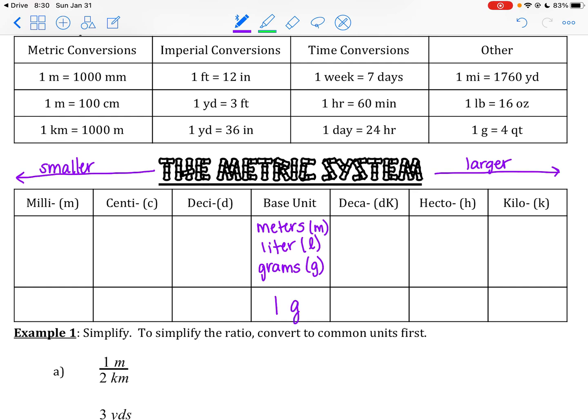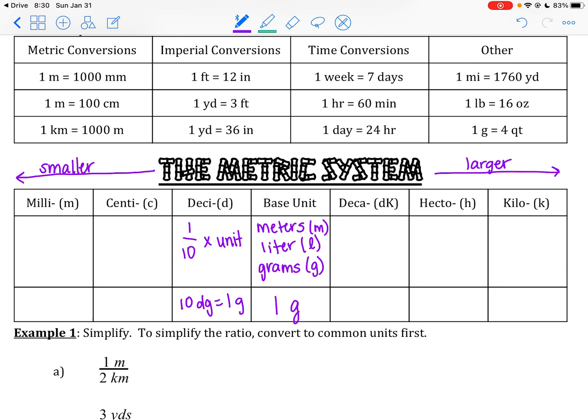The prefix deci means a tenth, so this would be 1/10 of the base unit. So there would be 10 decigrams in 1 gram. So 1/10 of a gram is a decigram.